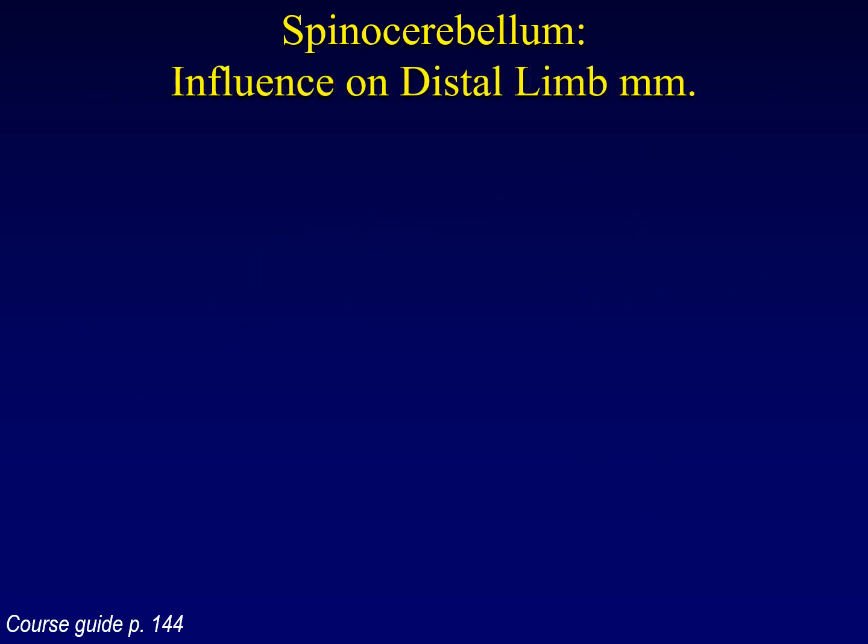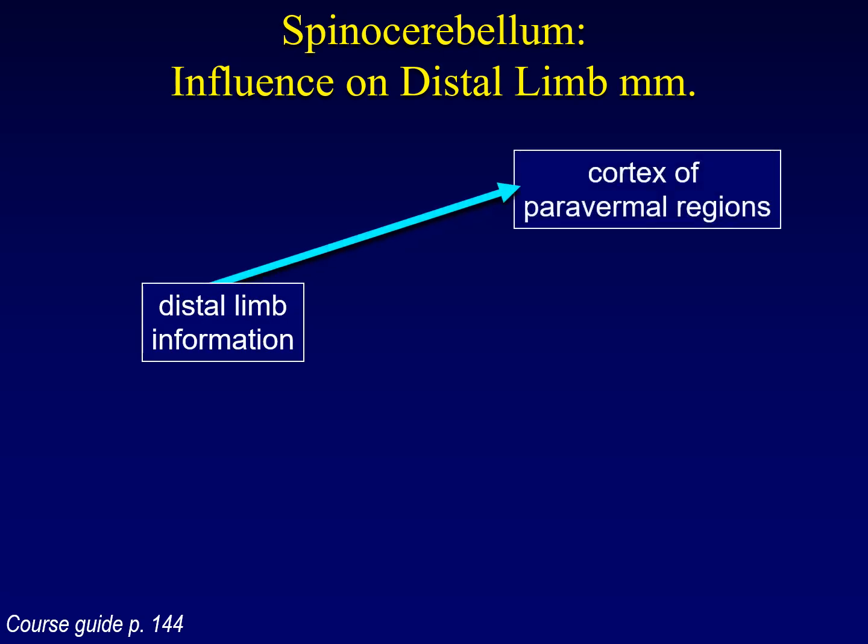On the distal limbs, we're going to see the same circuit, right? There's going to be unconscious proprioception that influences part of the spinocerebellum, comes out through one of the deep cerebellar nuclei, which then influences one of the upper motor neuron pathways, which gives rise to movement in distal limb musculature. So as the distal limb information comes in, it goes to, in this case, the paravermal regions of the spinocerebellum.